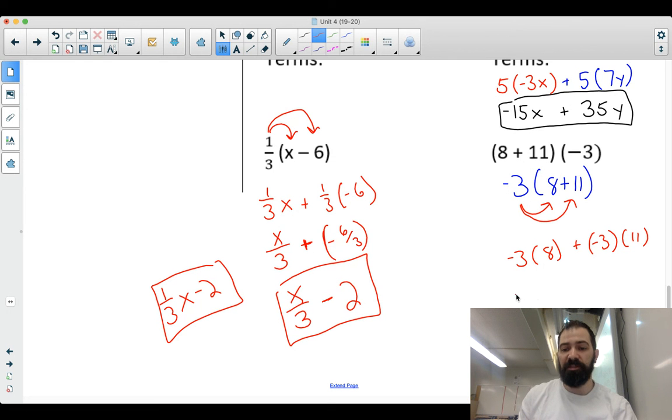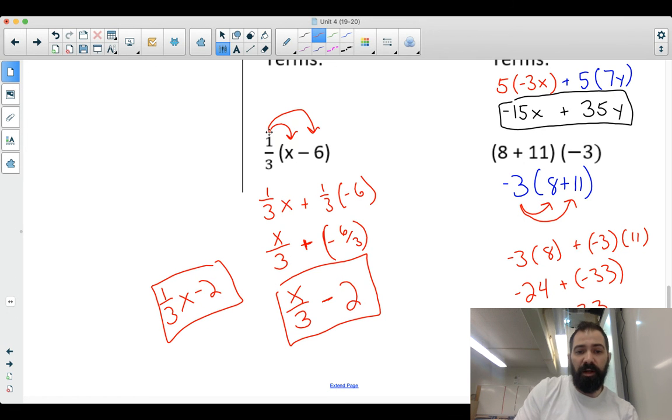Negative 3 times 8 is negative 24, plus negative 3 times 11 is negative 33, which is negative 24 minus 33, and that's negative 57. And you're done. That's it for the distributive property. I know it can be a little bit scary and intimidating, but all you're doing is distributing the number outside of the parentheses to both of the terms on the inside.